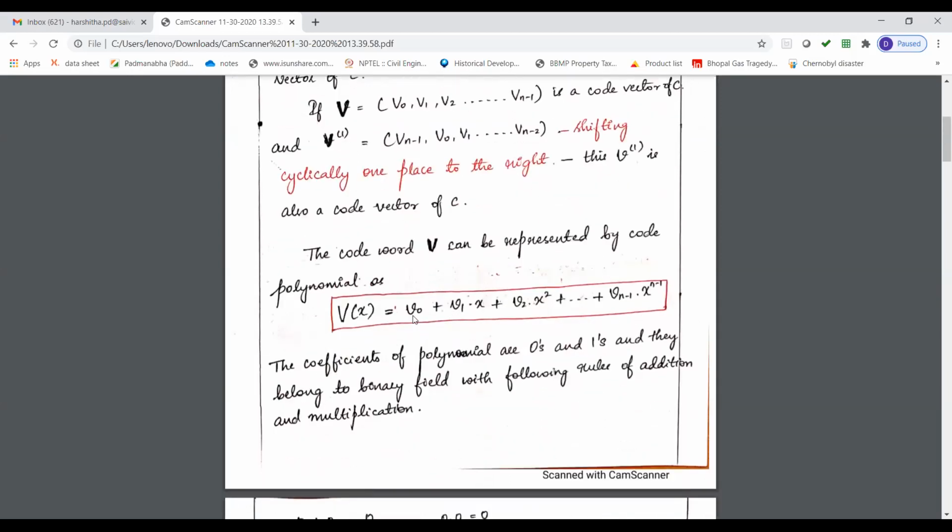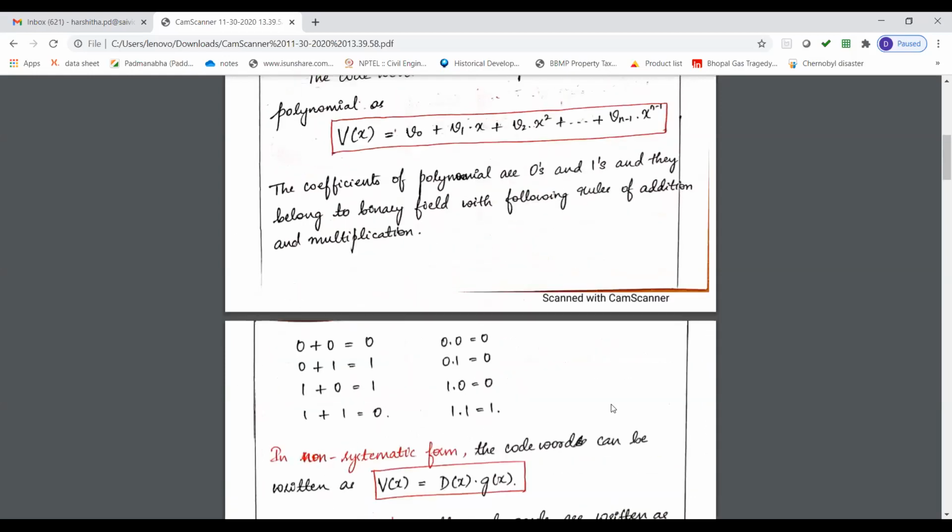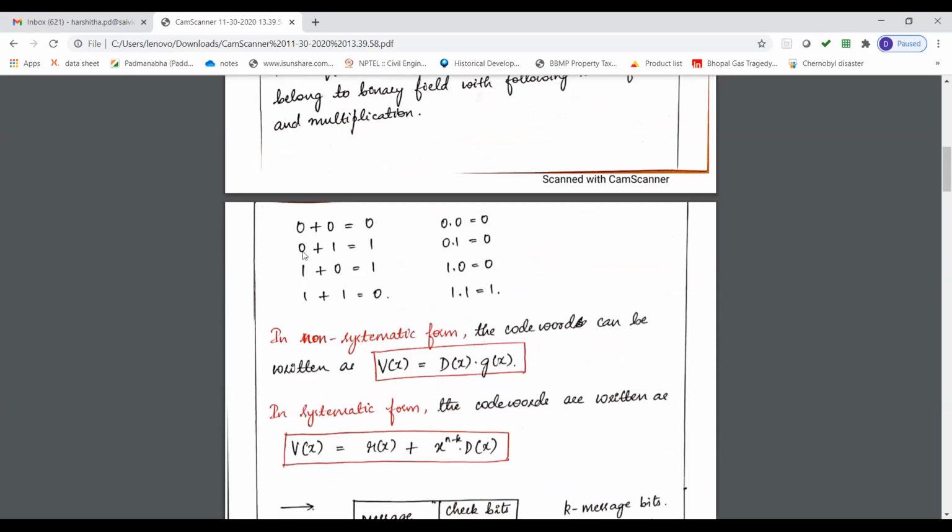You can see that v0, v1, v2 and so on till vn-1 are the coefficients of this polynomial, and they can be either zeros or ones. These zeros or ones follow the modulo 2 addition and multiplication rules, which are given over here.